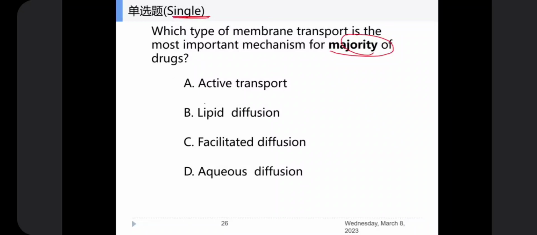Okay, the answer is B, lipid diffusion. For most drugs, we just look at the character of the substance. If it is lipid soluble, it can cross the membrane easily. So for the majority of drugs, lipid diffusion is the most important.